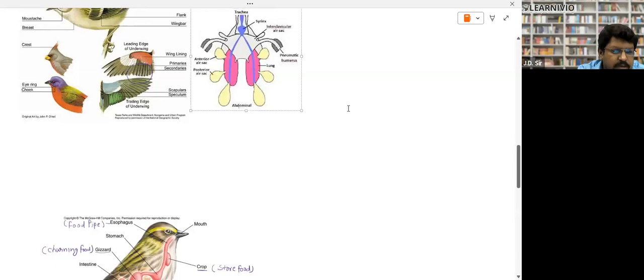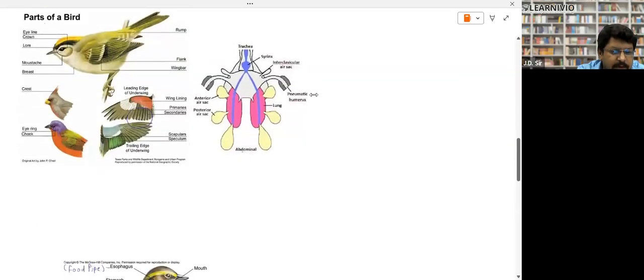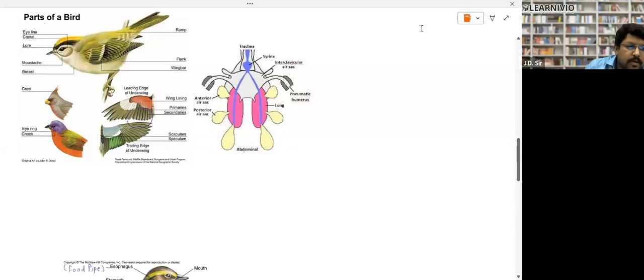This is the trachea. Trachea means windpipe, right? Like we also have the windpipe in the neck that is called trachea. There is a larynx.